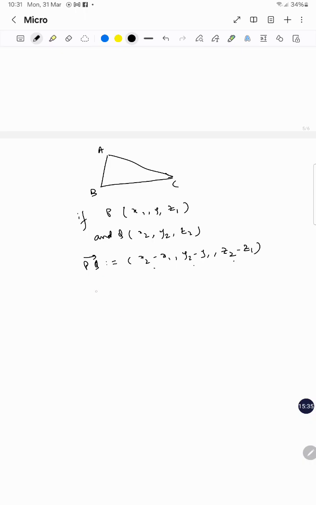So PQ vector is a vector in the plane of the triangle ABC.